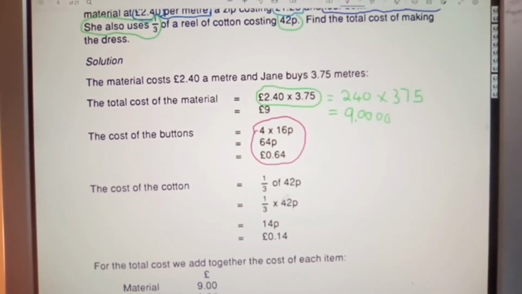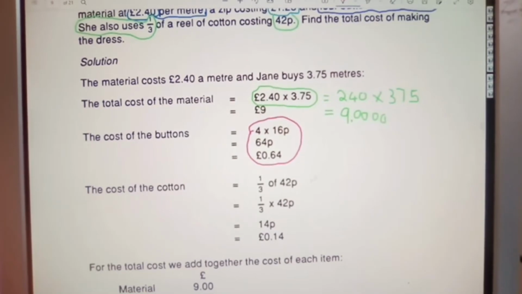But if you look at it, yes, they've done it here.